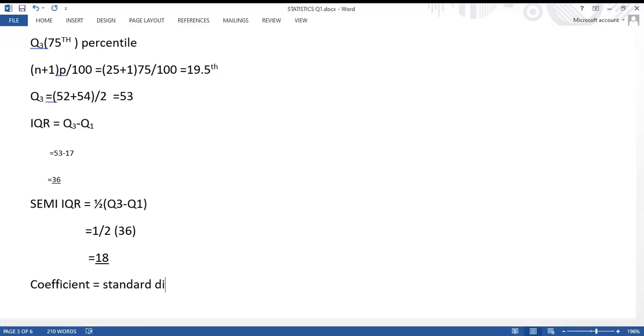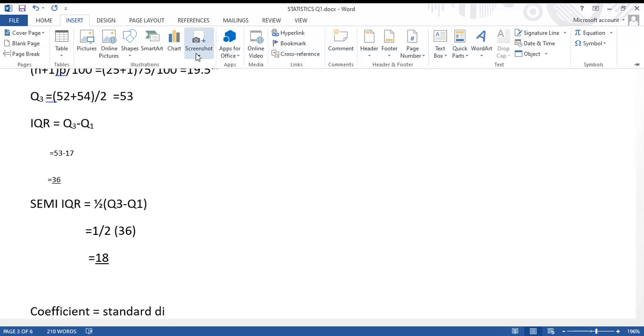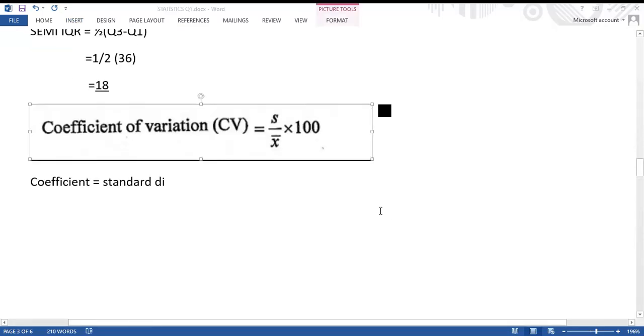Let me just check the formula table to confirm. Yes, the standard deviation over the mean. That is the coefficient of variation, just a ratio which is expressed as a percentage.